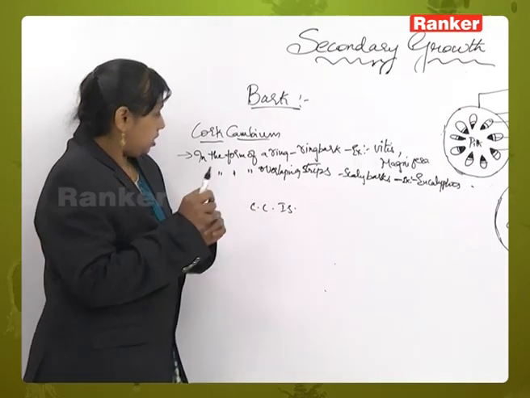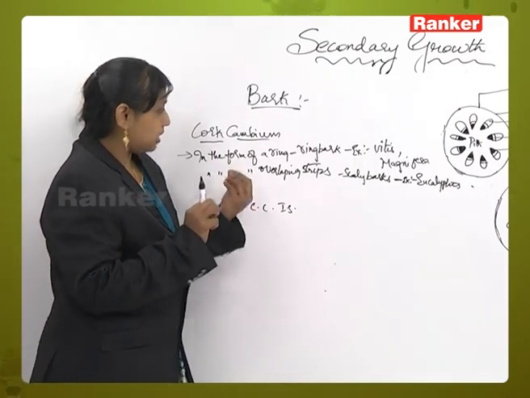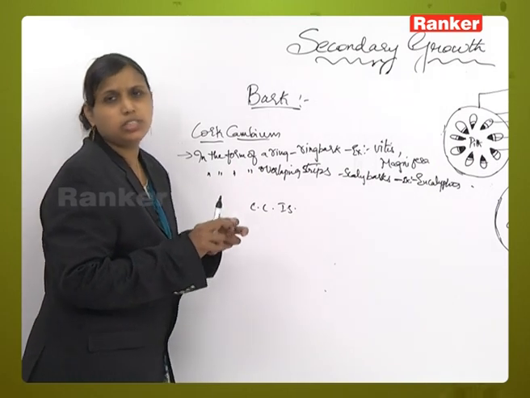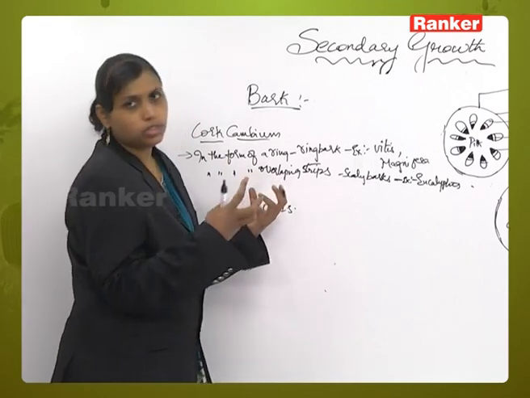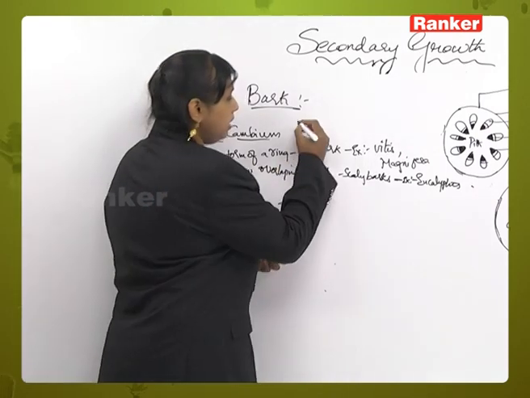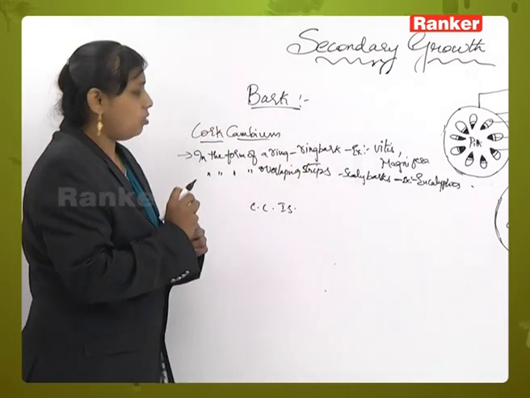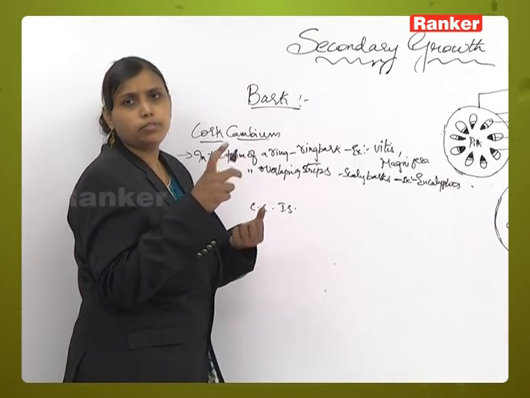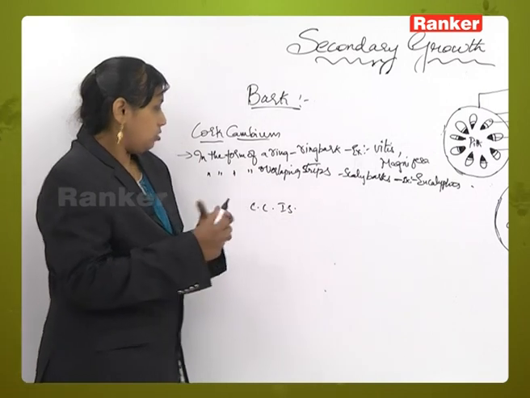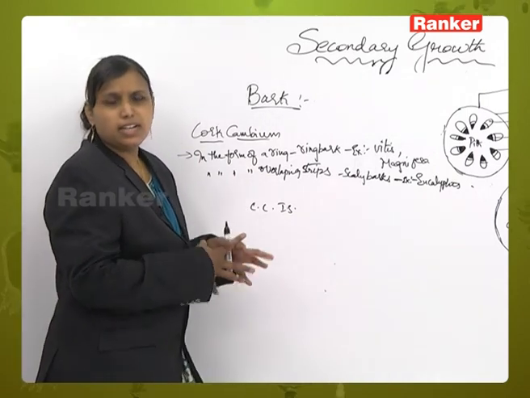Now, the thickness of the bark depends upon the origin or the position of the cork cambium. If the cork cambium occurs towards the inner side, the bark will be thinner, and if its position is towards the outer side, then the bark will be thicker. The bark occurs in different forms.